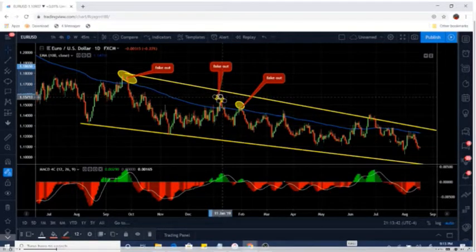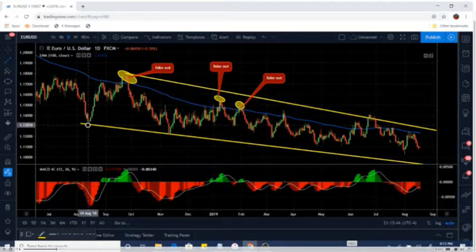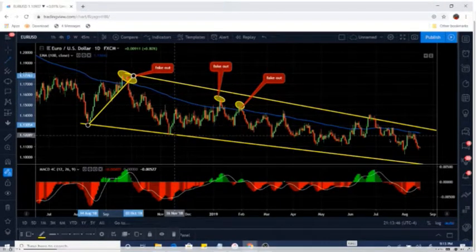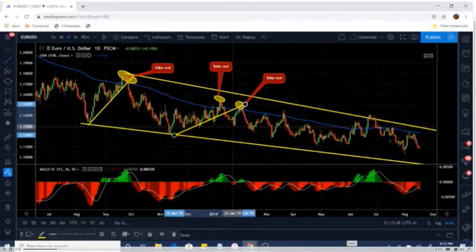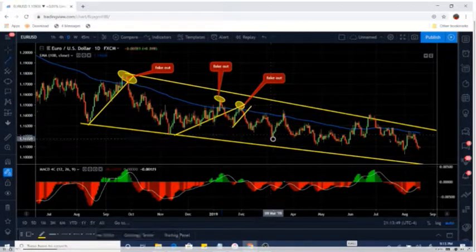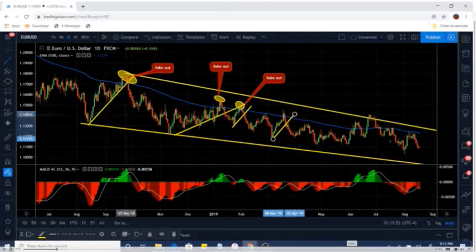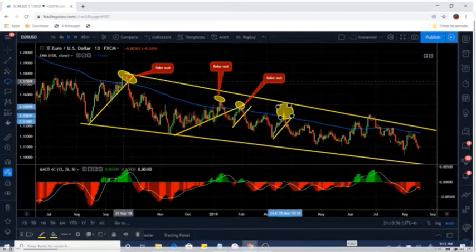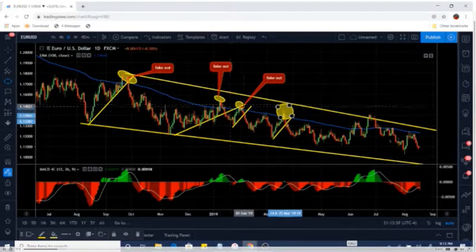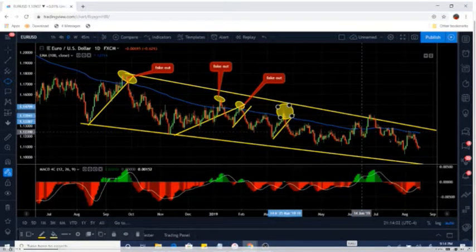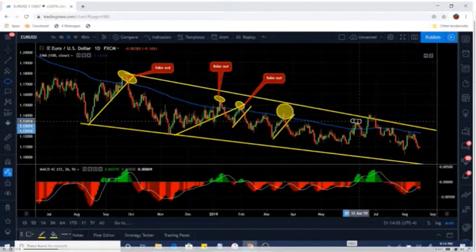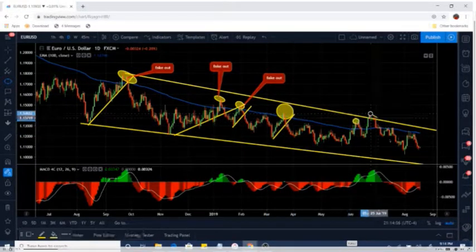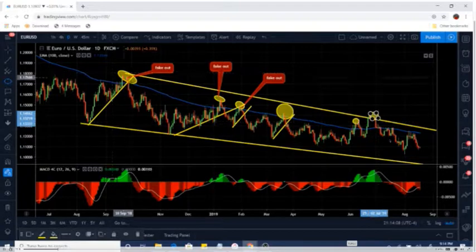Let's look at all these fake outs. And notice, even right here, you see how price goes above the moving average and then comes down, above the moving average, then comes down, above the moving average, then comes down, right?